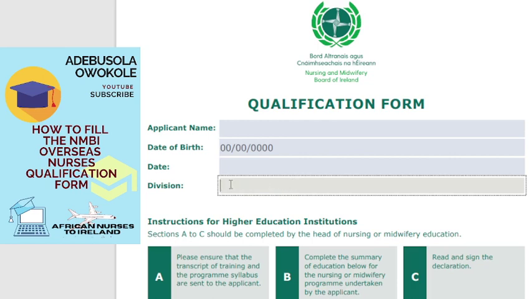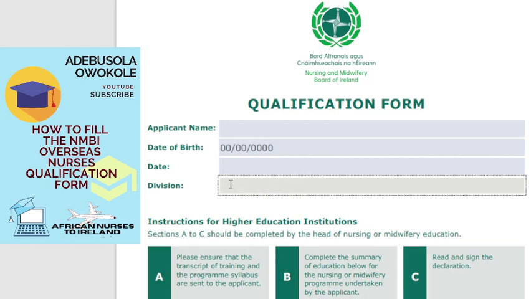If you are applying for an additional recognition, you put general midwifery. Or the division could be nurse tutor, because NMBI also recognizes nurse tutor as a division. It could be nurse tutor or pediatric nursing, which in Ireland they call children's health.